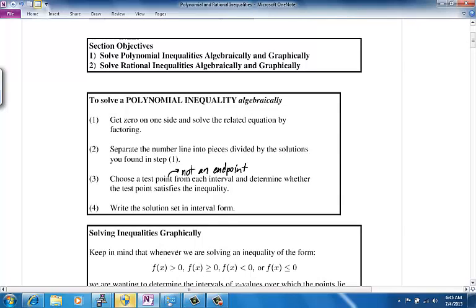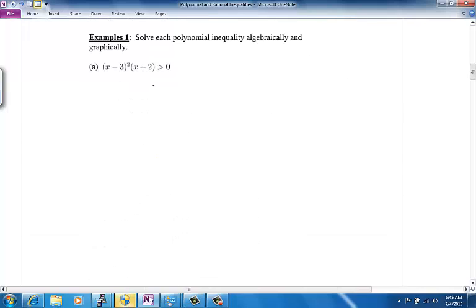Before we talk about how to solve these graphically, let's go through our first example just algebraically. So over here I'll have our algebraic solution. Our first inequality is (x minus 3) squared times (x plus 2) is greater than 0.